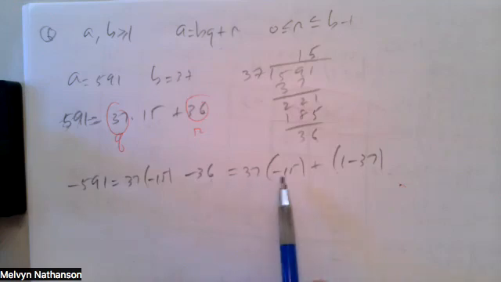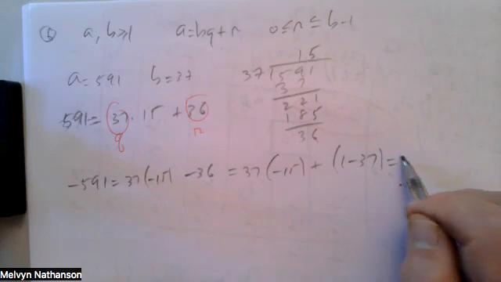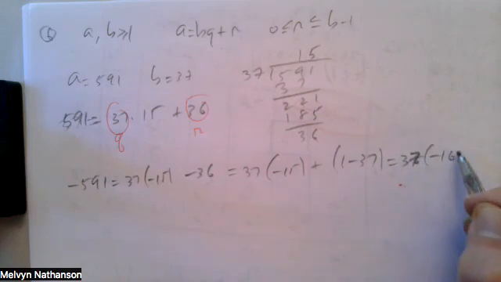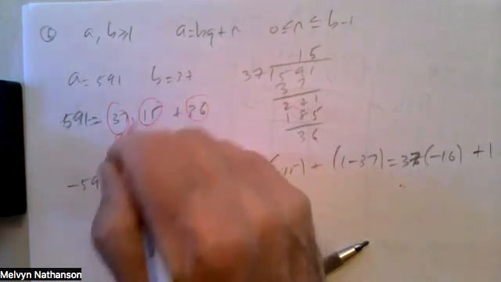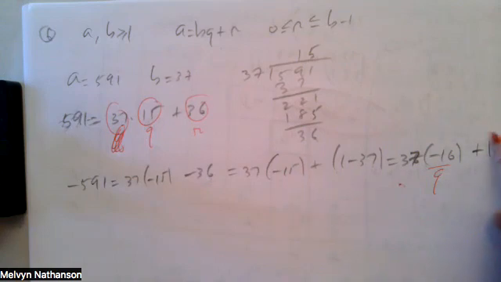So here I have 37 times minus 15 minus another 37. So that's 37 times minus 16 plus 1. And now, oops, sorry. Yeah, minus 16 is the quotient, and the remainder is plus 1. Okay.